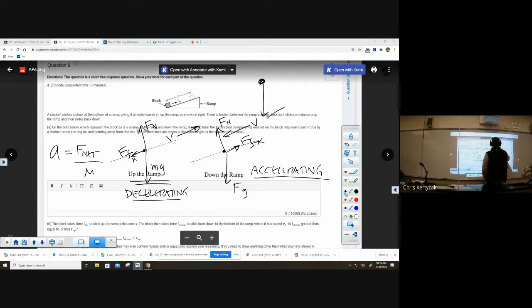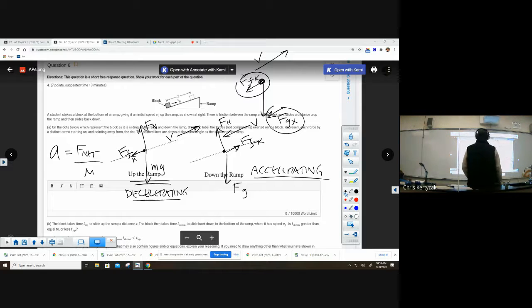So gravity, of course, pulls down the ramp, Fgx. And that means if v is going up the ramp, then the frictional force is this way, and so is Fgx. So that means there are two forces in the opposite direction of motion: the gravity force pulling down the ramp and the frictional force.